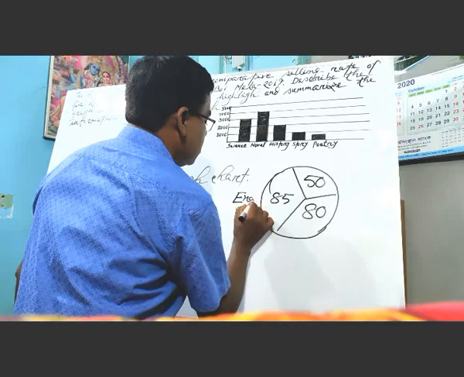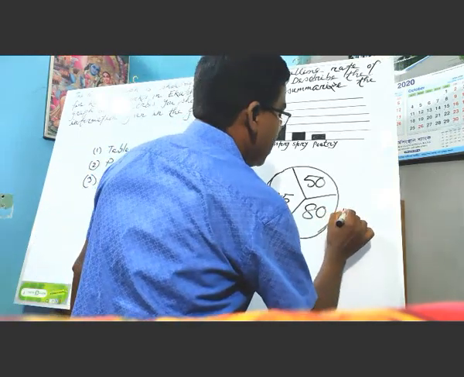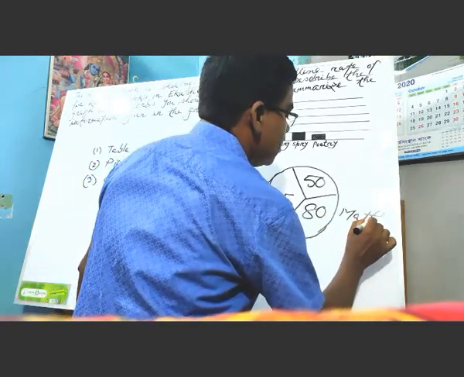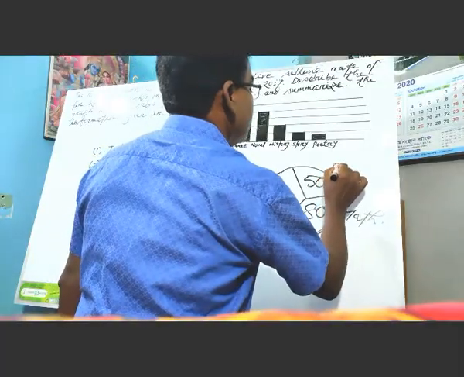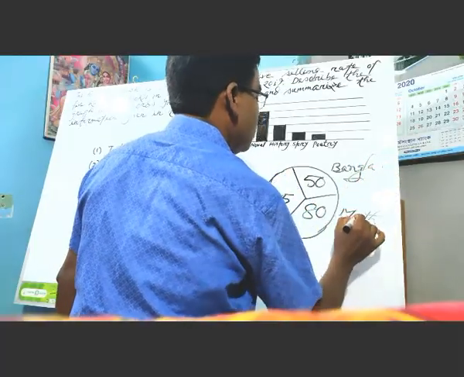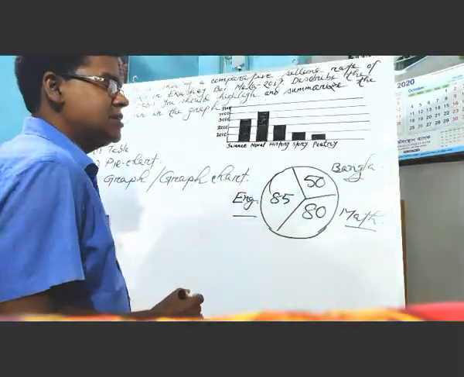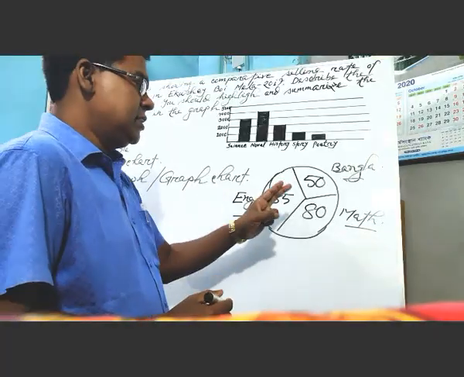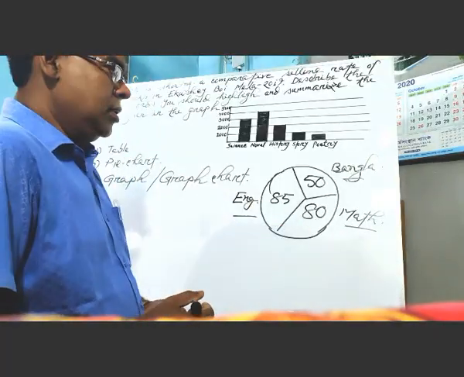English, math, Bangla. Look, students, these are three sections: 85%, 80%, 50%.